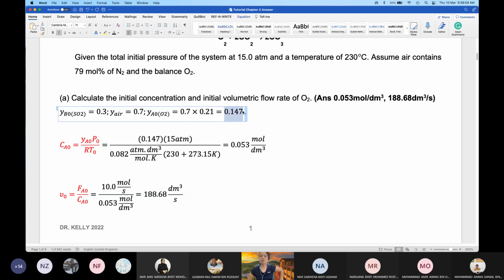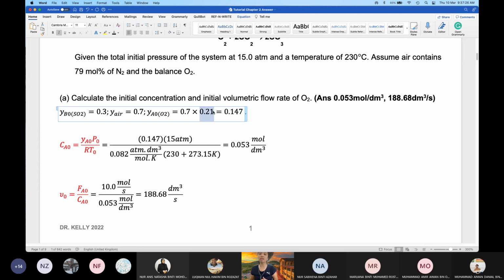Apa maksud 0.147? Maksudnya, dalam keseluruhan gas saya yang ada SO2, ada O2, ada N2, tiga-tiga gas ni sebenarnya, oksigen saya sebenarnya hanya mewakili 14.7% or fraction 0.147. Okay, tu sebenarnya maksud dia. You cannot take directly the 0.21.